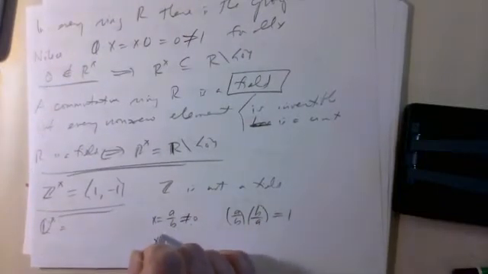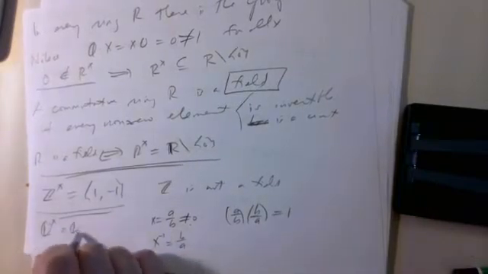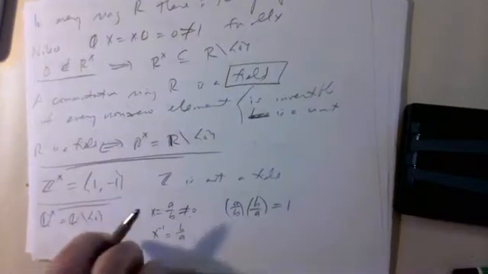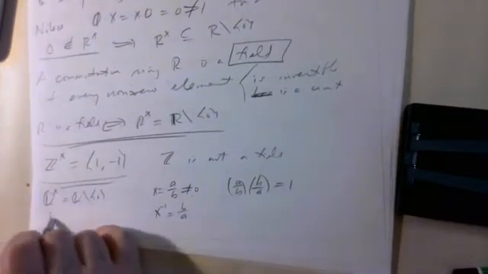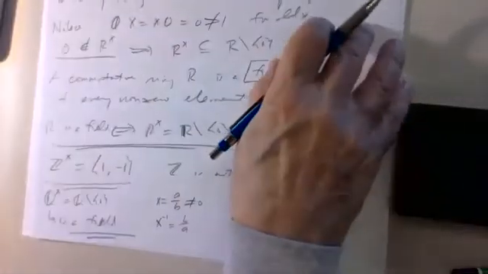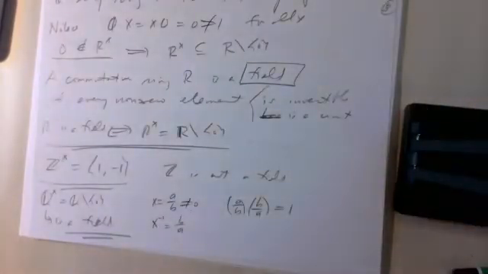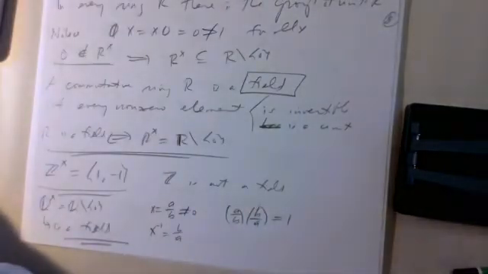So this has an inverse B over A for every non-zero rational. So the rational numbers are a field. So some commutative rings are fields and some are not.